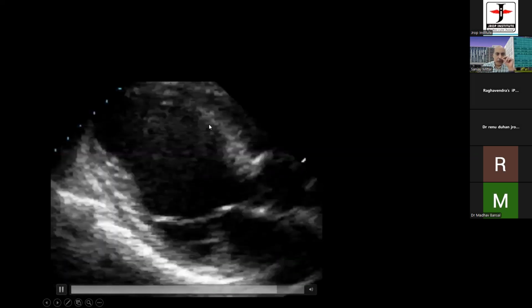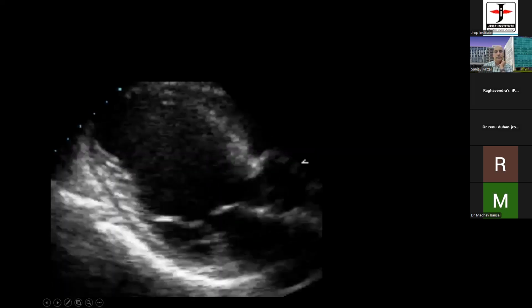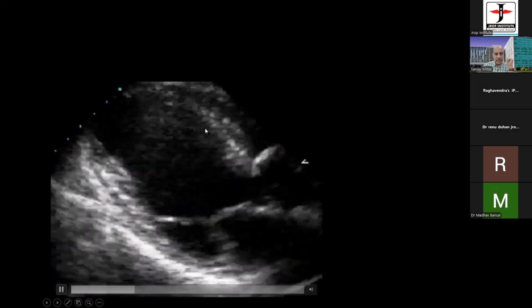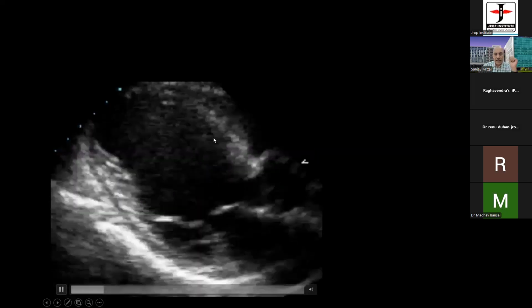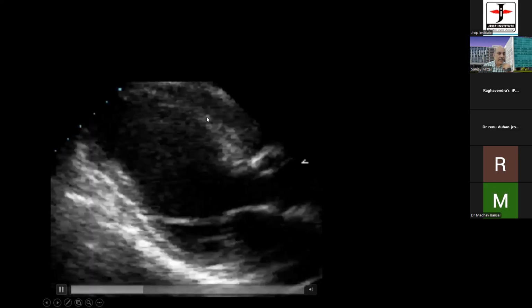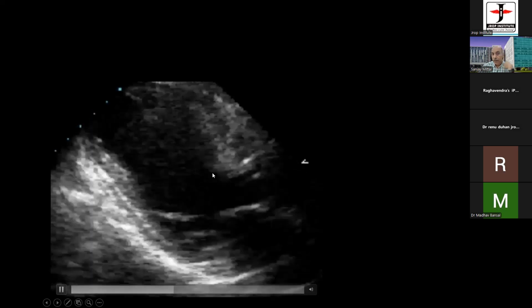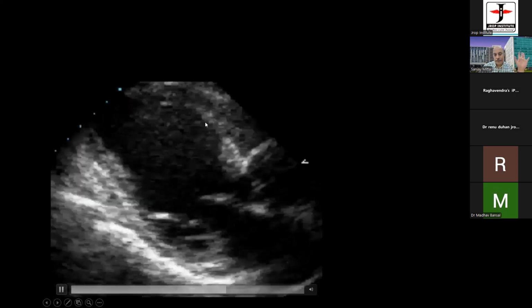If I ask you what is the movement of the mid anterior septum, is it akinetic, hypokinetic, or dyskinetic? We can definitely perceive some kind of inward movement of the mid anterior septum. But if you focus on the thickness change, there is no thickness change.